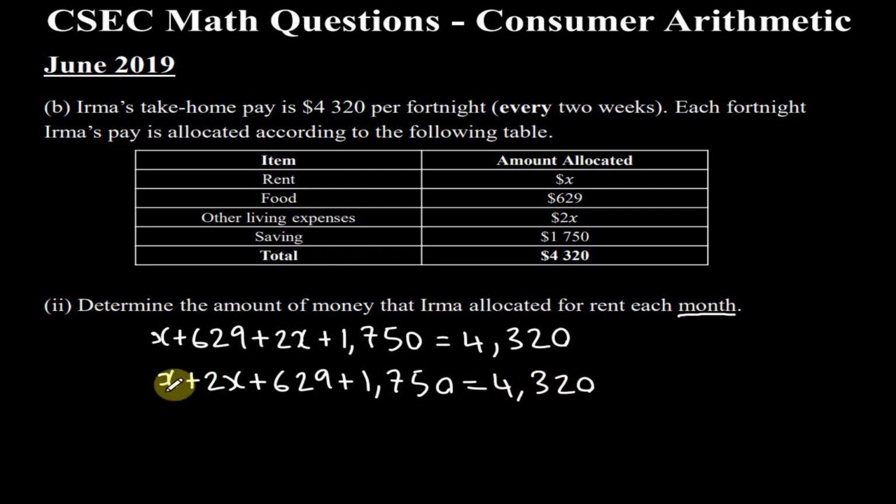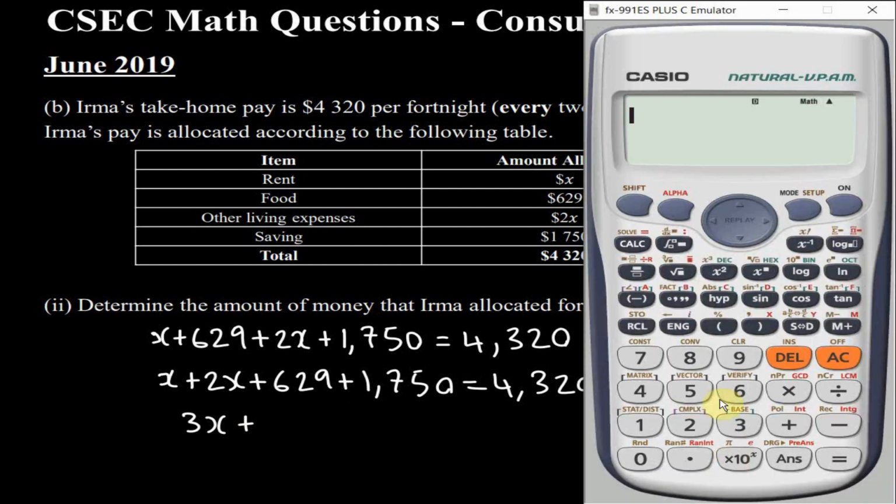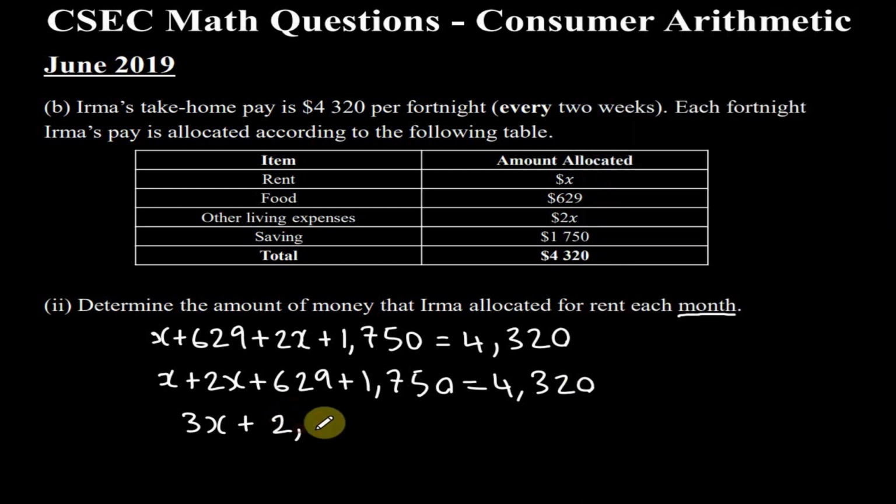Now x is the same thing as 1x, and 1x plus 2x will give us 3x, plus I'll use my calculator to aid me with this part here. So it's 629 plus 1,750, which is 2,379. 2,379 is equal to 4,320.